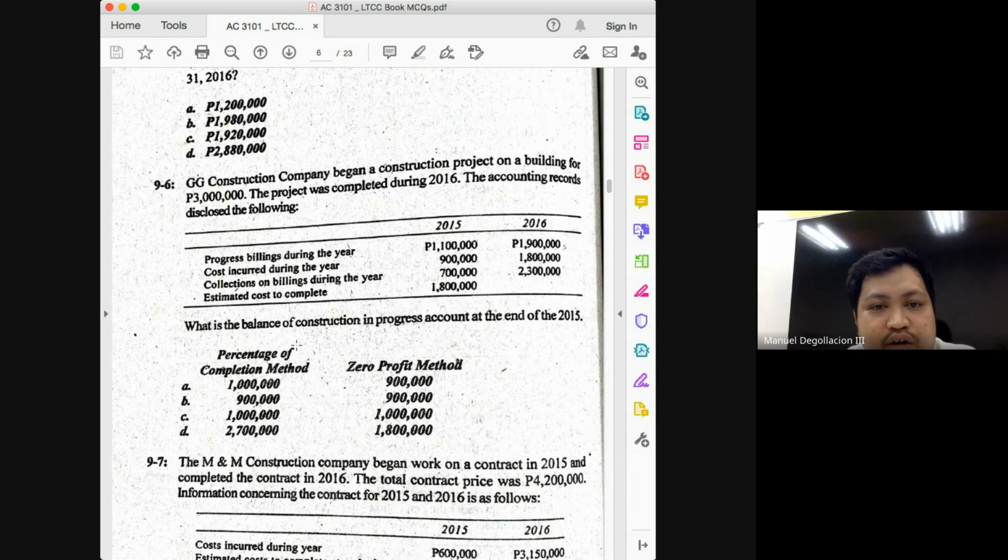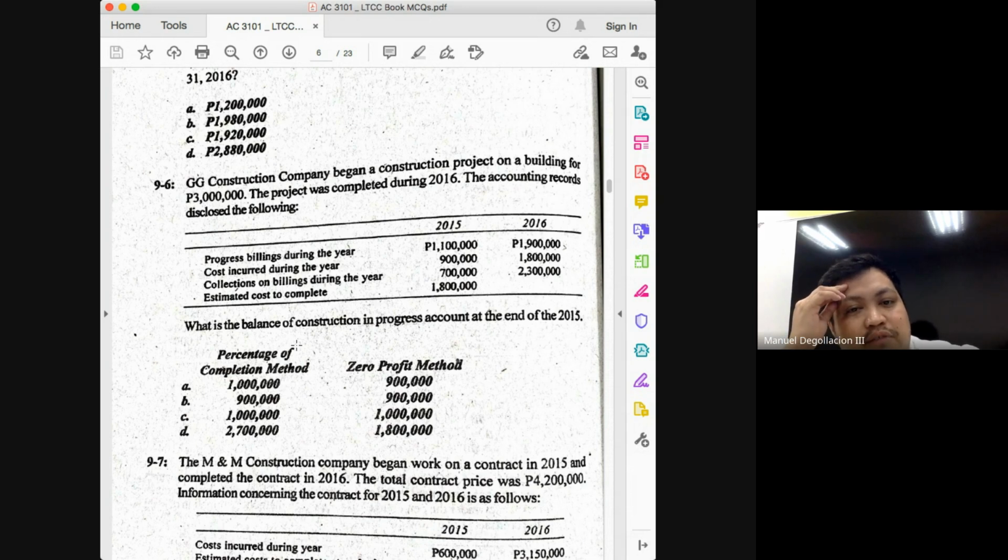The cost incurred of 900,000 plus the estimated cost to complete in 2015, which is 1,800,000. Next, solve for the percentage of completion. What are the two things you need to solve for percentage of completion? Cost incurred to date divided by cost at completion. Since this is the first year, the cost incurred for the year will already be our cost incurred to date. So cost incurred to date would be 900,000.